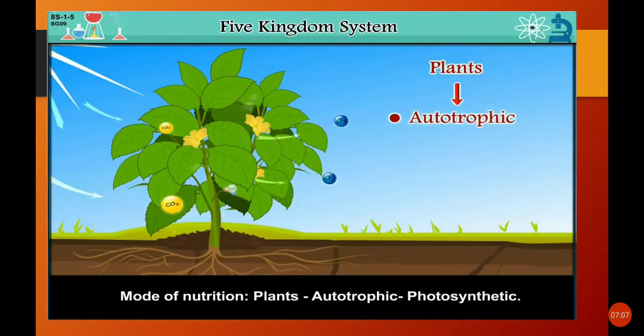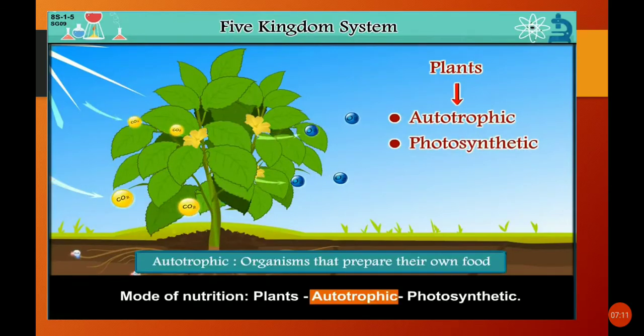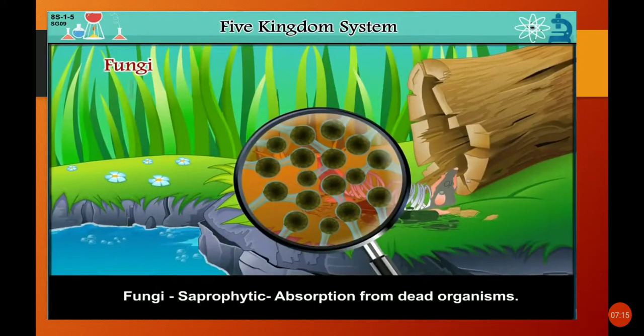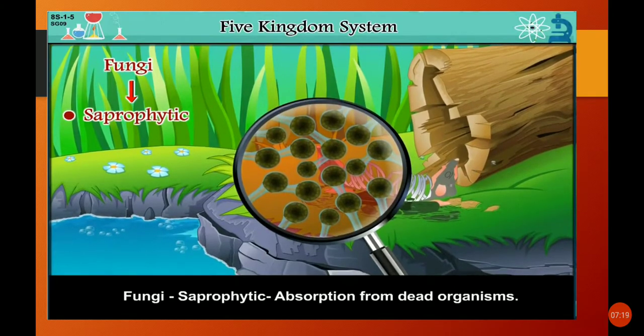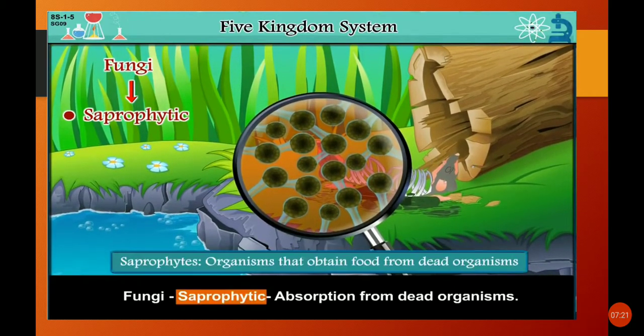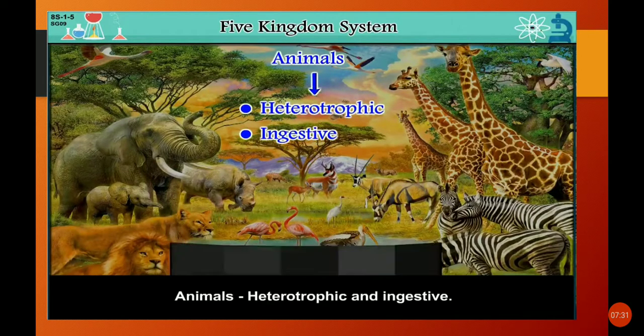Plants are autotrophic, photosynthetic. Autotrophic means organisms that prepare their own food. Fungi are saprophytic, absorbing from dead organisms. Saprophytes are organisms that obtain food from dead organisms. Animals are heterotrophic and ingestive.